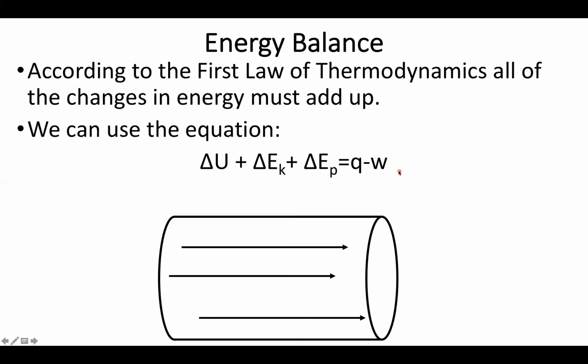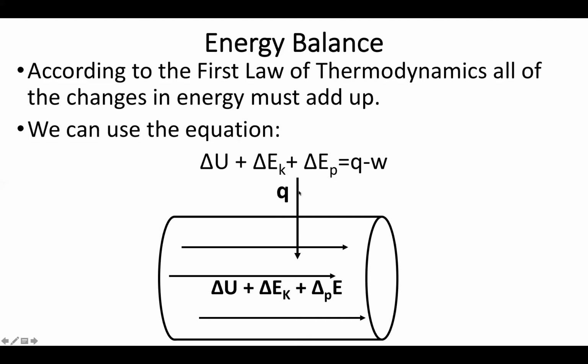So let's go ahead and take a look at, say, a gas flowing down a pipe. It may see an increase in energy of the system. For example, the molecules leaving this end of the pipe may have a higher temperature, or they may have more stable bonds. In this case, energy had to come into the system somehow.